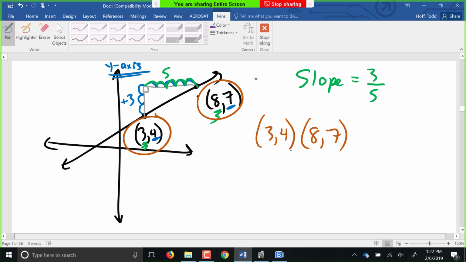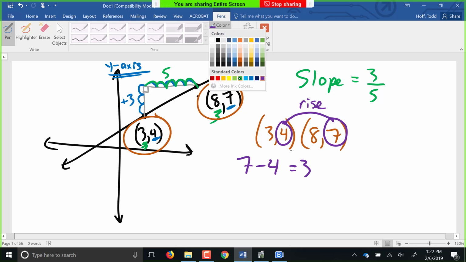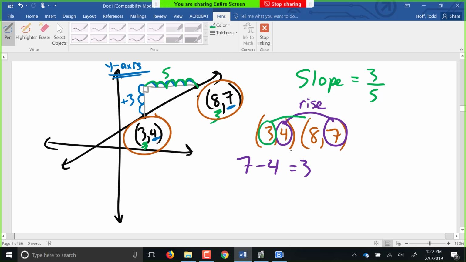And we could have found, knowing that the rise is the change in the y coordinates, 7 minus 4 equals 3. And the run is the change in the x coordinates. 8 minus 3 equals 5, giving us that slope of 3 over 5, or 3/5.